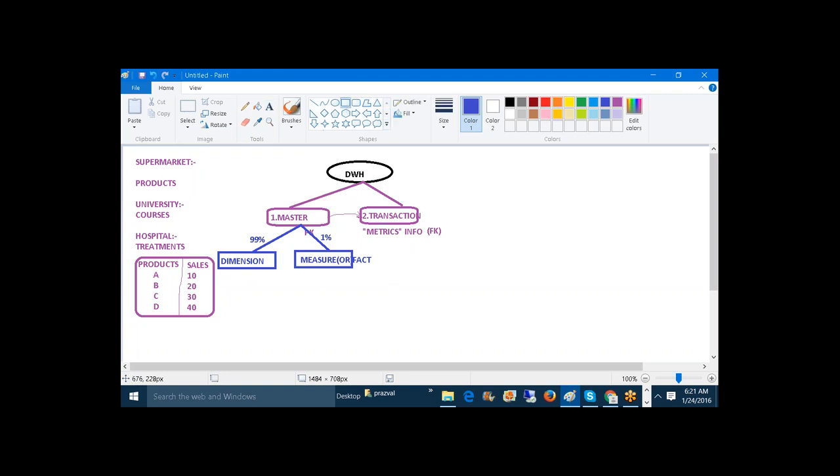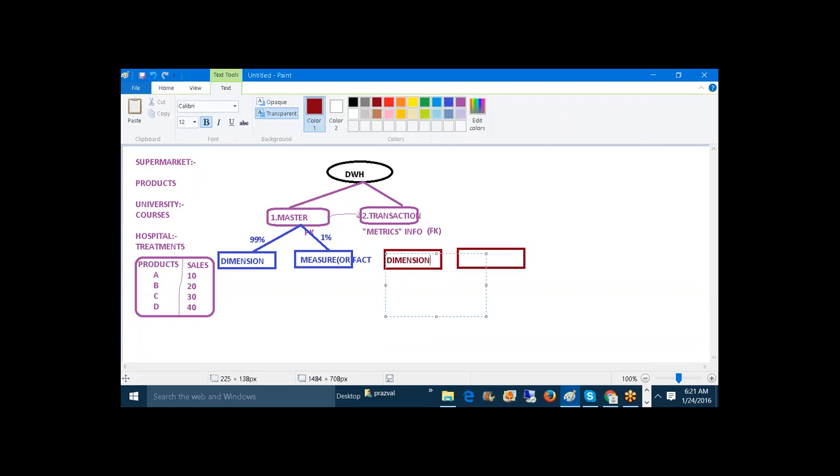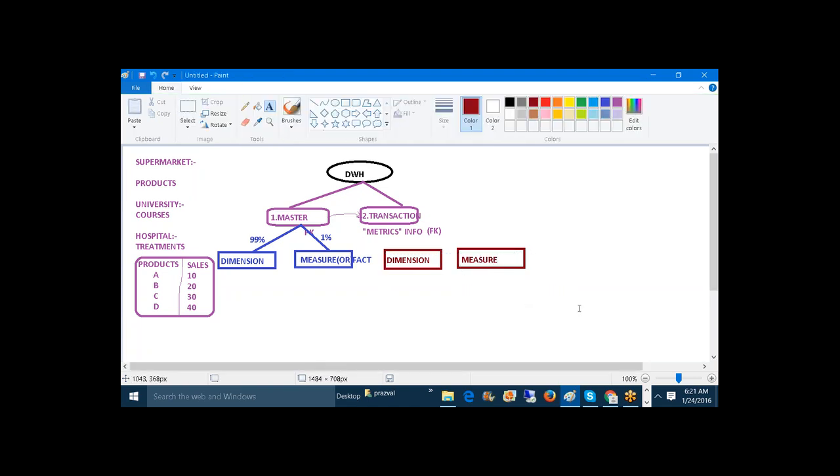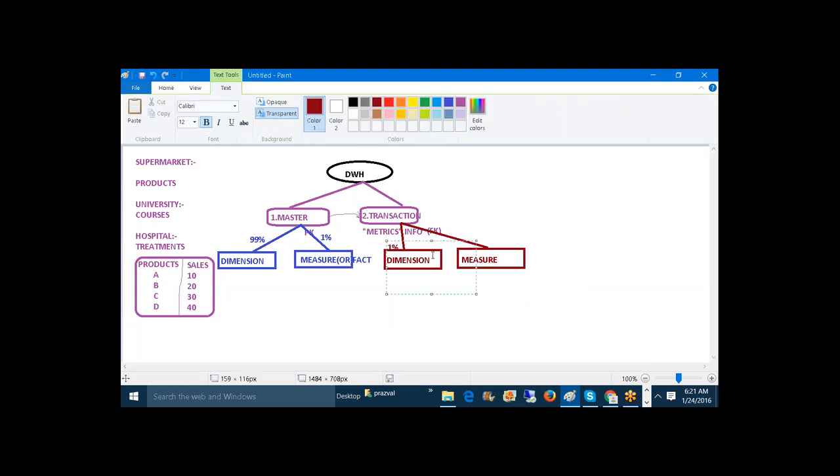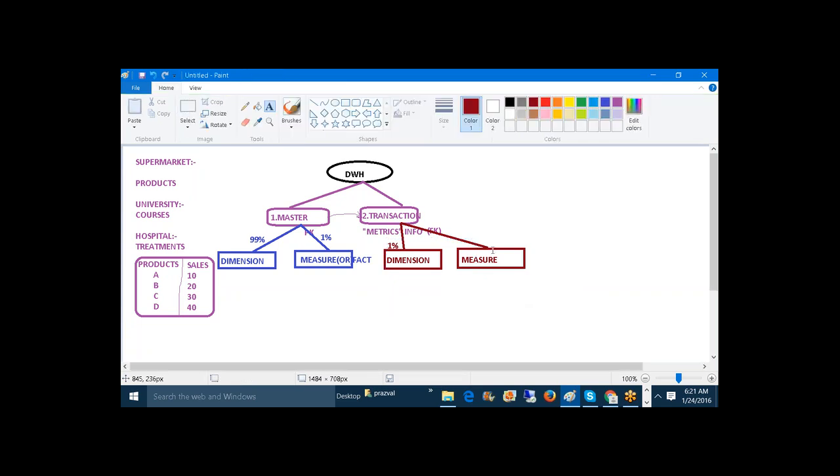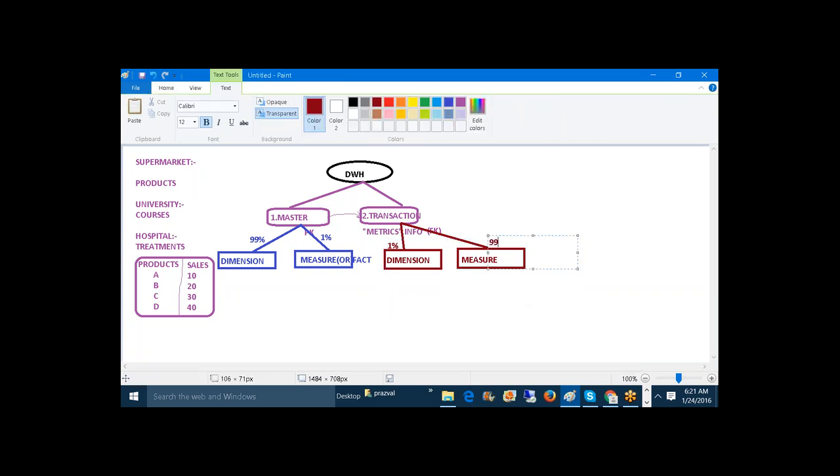Next, the chance of using transaction as a dimension is only 1%, and the chance of using transaction as a measure is 99%.